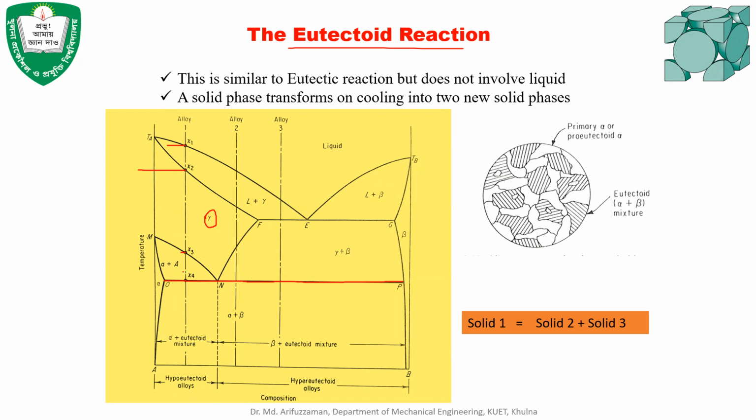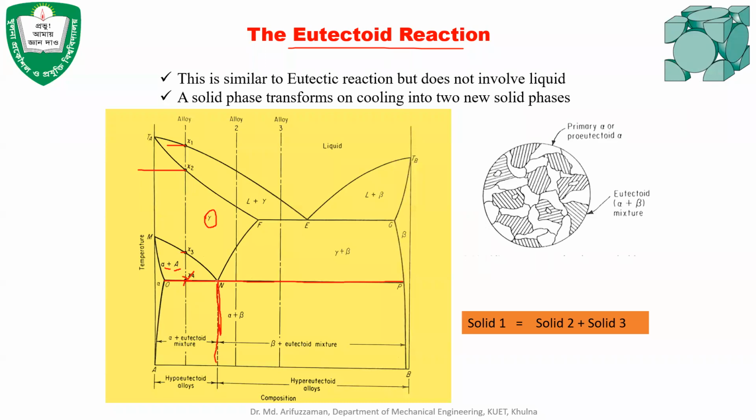It will be a mixture of alpha and A. When the temperature drops from X3 to X4, more and more alpha will be produced, and the A will be reduced, and the composition of A will move to just before the eutectoid reaction point.